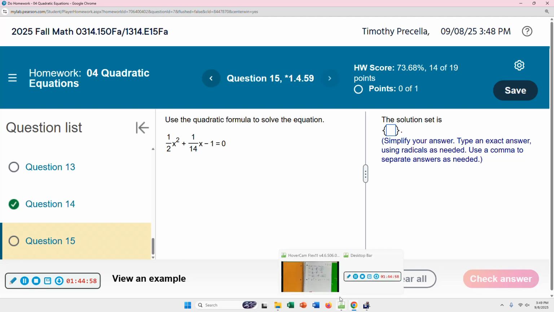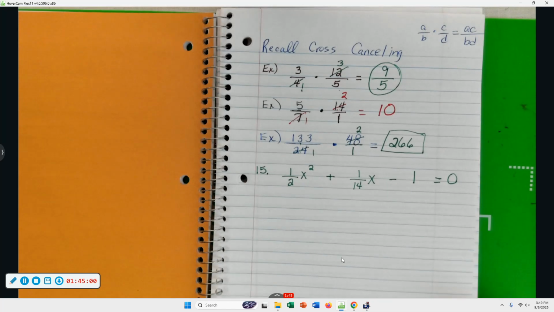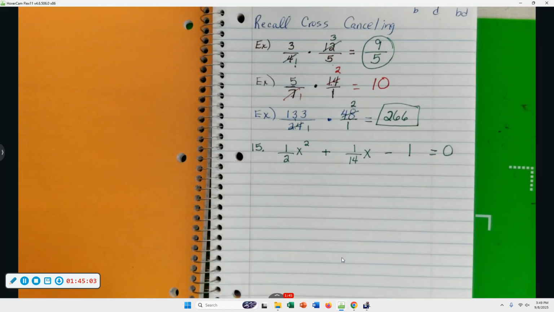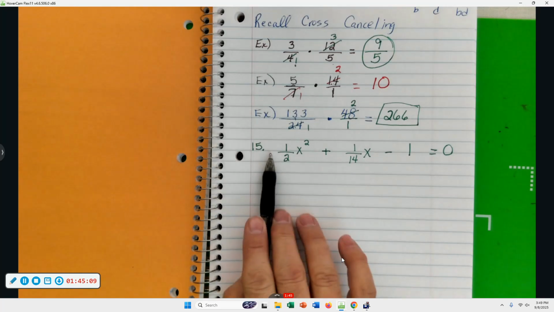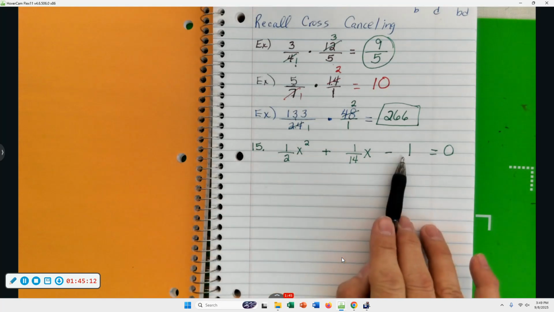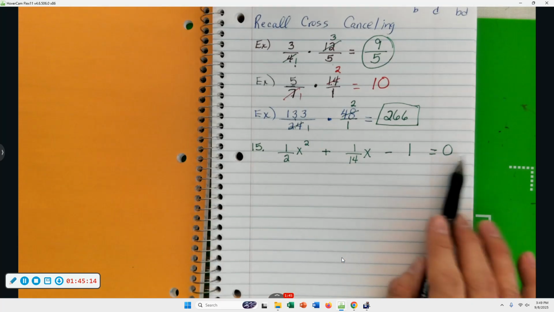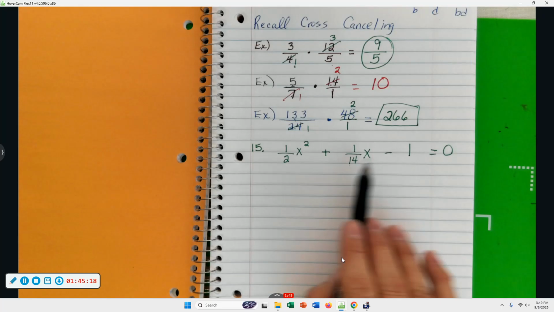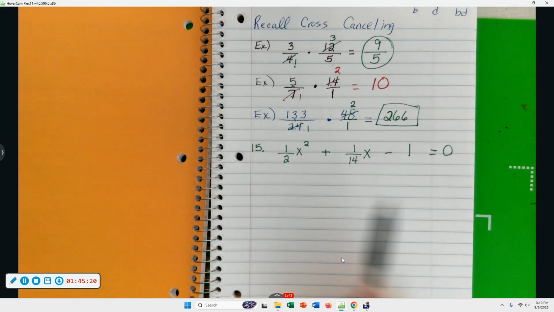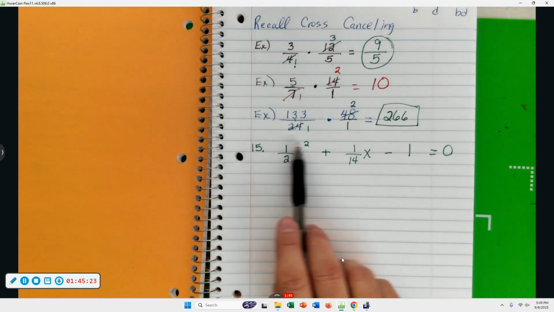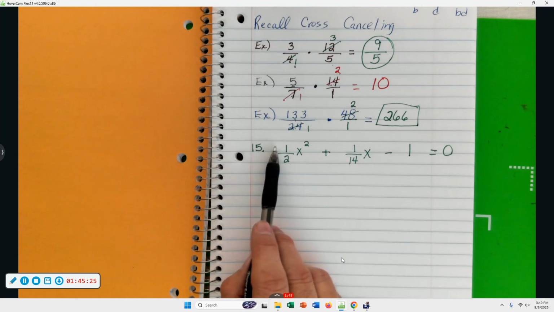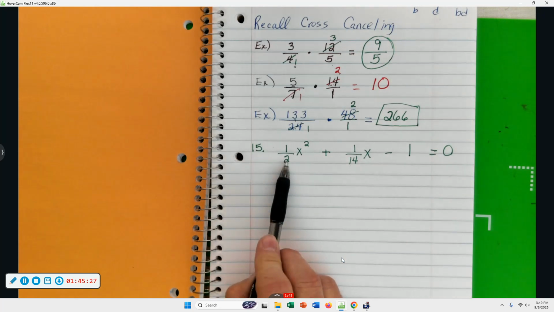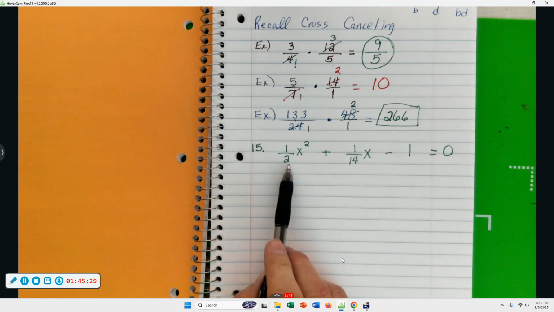Notice how it's spread out. The terms are written like that for a reason. I'm going to multiply straight through every term, even the 0, by a number that'll cross cancel both of these denominators. For instance, if I multiplied straight through by 2, the 2 would cross cancel with this 2, and I'd no longer have a fraction.